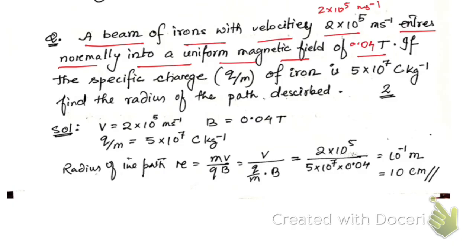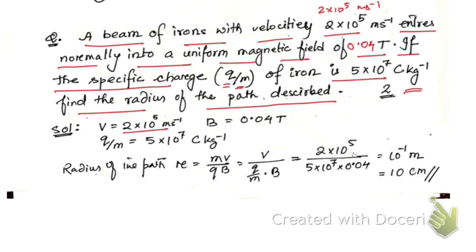If the specific charge, that means charge by mass of the ions, Q by M, is 5 into 10 to the power 7 coulomb per kg, find the radius of the path described. So here the velocity is given, the magnetic field is given, and Q by M is also given. Now we need the radius of the path.